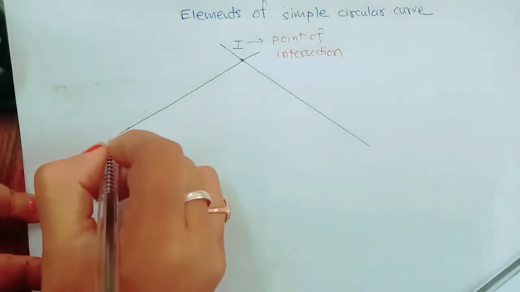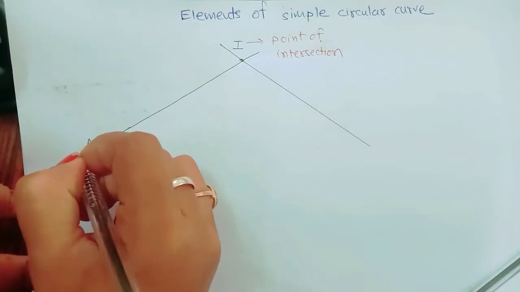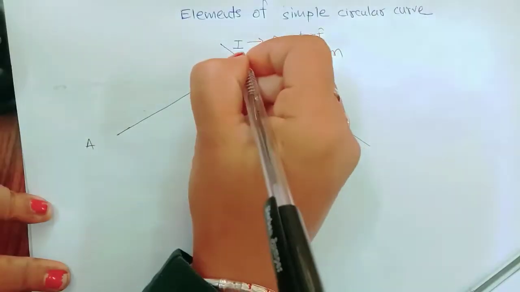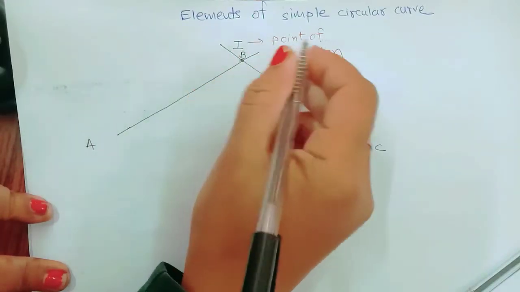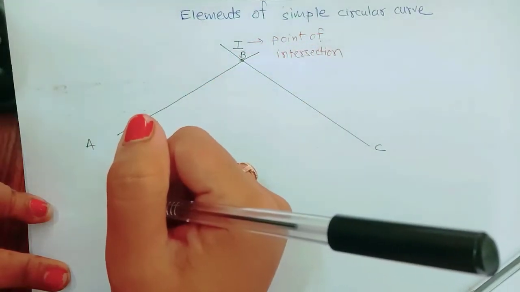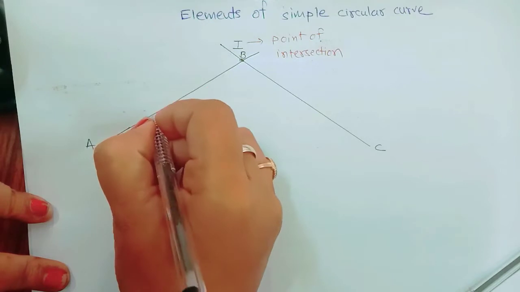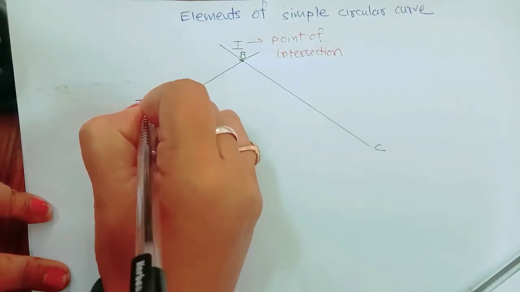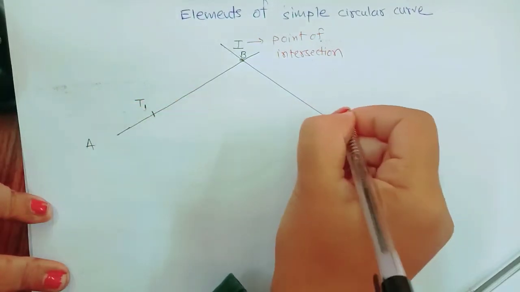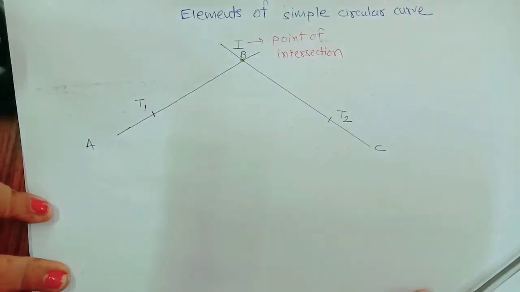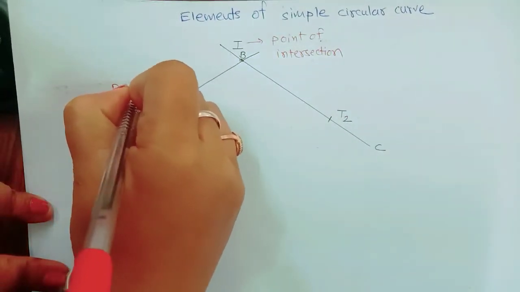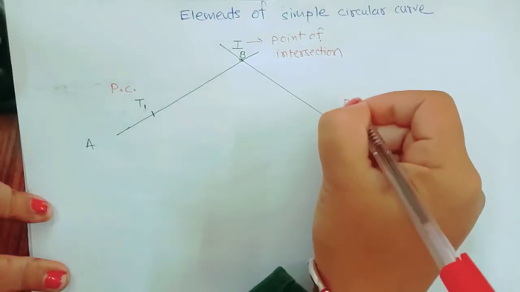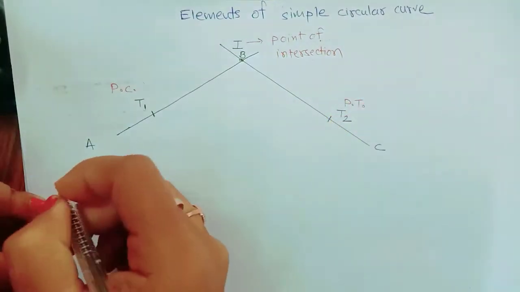So suppose these straight lines AB and BC intersect at a point I, and that is known as a point of intersection. So again I define this point here as T1 and this point as T2. So what is T1? That is point of curvature and T2 is point of tangency.